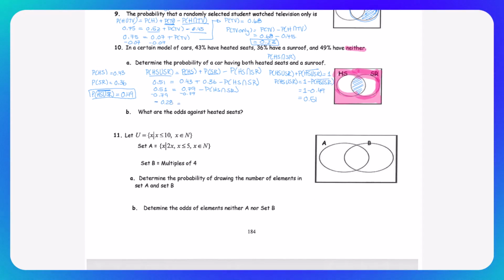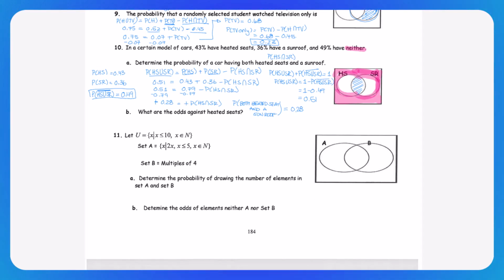Let's be careful with our negatives. Because remember, on this side, we still have negative P of HS union SR. Remember, when that happens, we can make them both positive so that the probability of having both the heated seat and a sunroof, write it in words, equals 0.28.